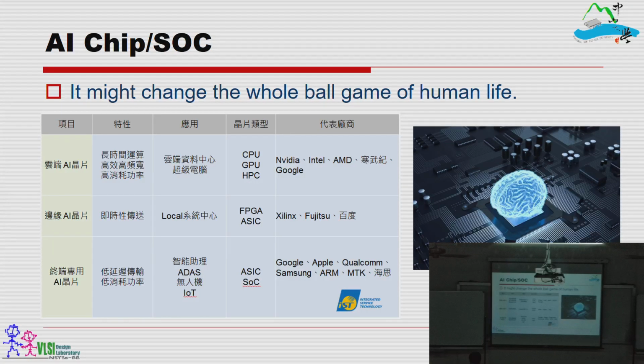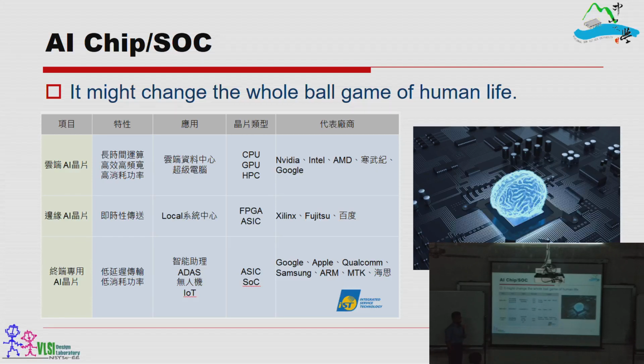And for the AIs, I cannot find the English one, so I use the Chinese ones for you to understand. That is just a figure to do the illustration. In the future, we expect the chip can be used to replace the brain. So you have to be careful. Your brain might be replaced with some chips in the future if you don't use it.